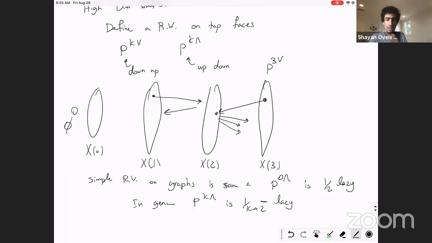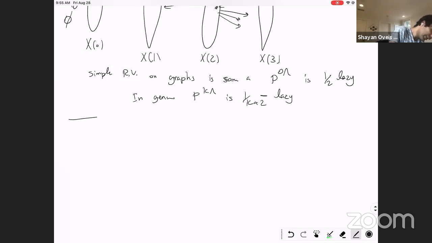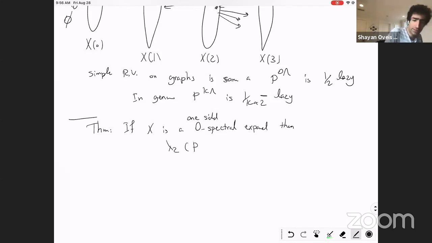Okay, so now the main result is that the theorem is that if X is a one-sided zero spectral expander, then lambda 2 of P_k up-down is less than or equal to 1 minus 1 over k plus 1.